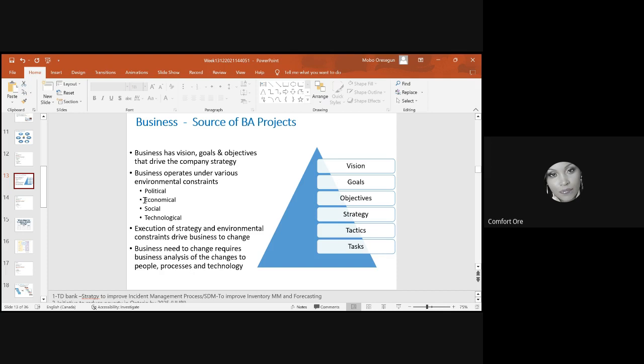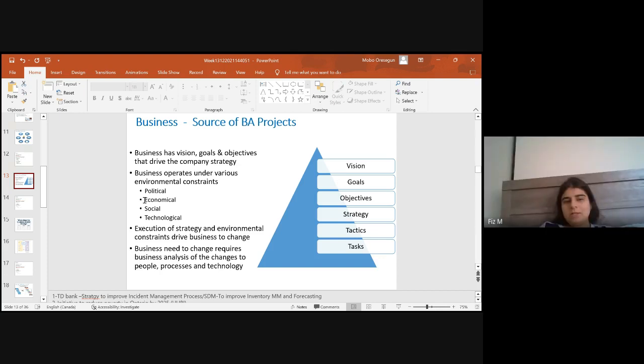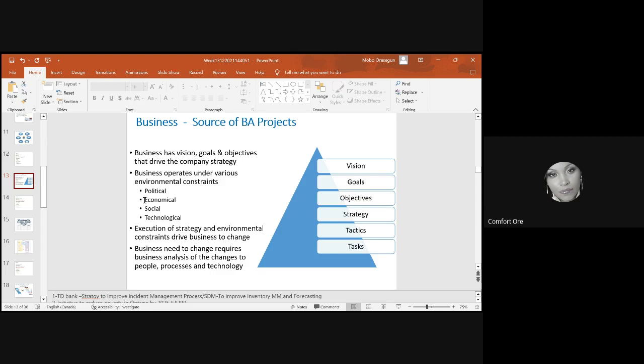Somebody else wants to contribute? I would say goals are something that needs to be achieved in the longer run. Objectives are which should be part of this current plan. Okay, good. Yeah, all right, that's right.